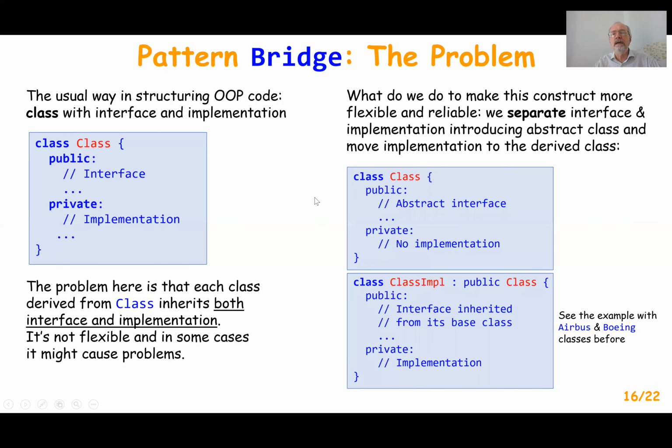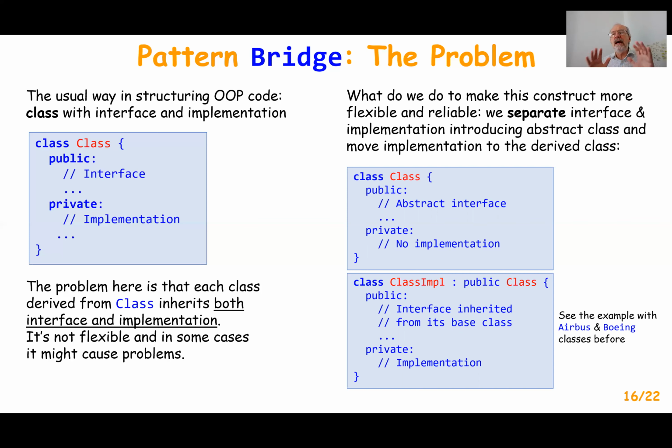Okay, so what we typically do is declare the base class with an abstract interface implemented using pure virtual functions, as you remember. And typically it doesn't have any real implementation.